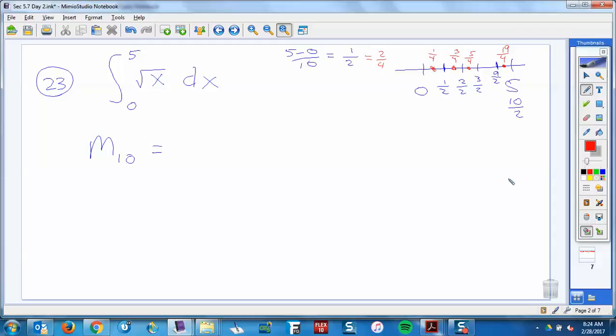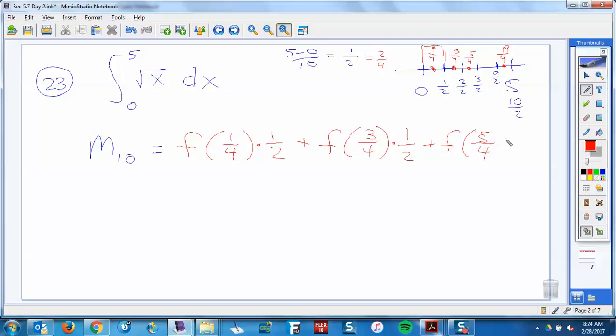Okay, so my first left, remember what we're doing? We're going up and drawing a rectangle then, right? I mean, that's what we'll be doing. We'll be going up at our midpoint to the curve, and we'll be drawing a rectangle. That's our first rectangle height. So that'll be f of 1/4 times 1/2 plus f of 3/4 times 1/2 plus f of 5/4.